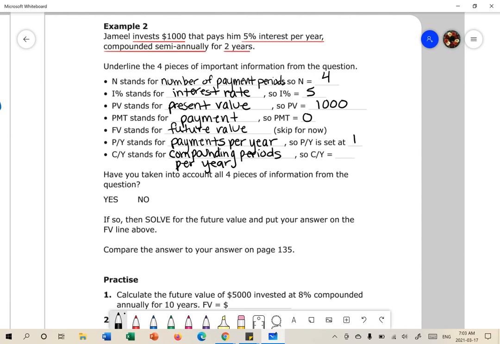And it says at the top that it's compounded semi-annually, which means that it's twice a year. Okay, so we have taken in account all 4 pieces of information that we underlined.